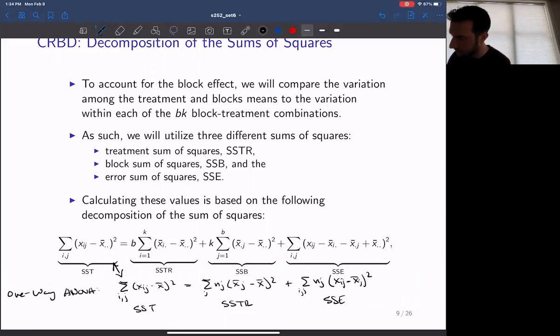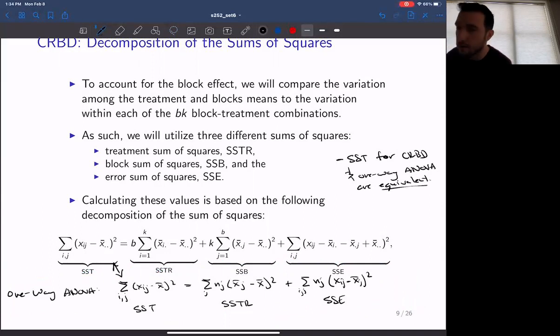So we can note SST for CRBD and one-way ANOVA are equivalent. So SST for both designs is just the difference between each observation and the overall mean squared, added together. So that is the exact same definition for both types of design.